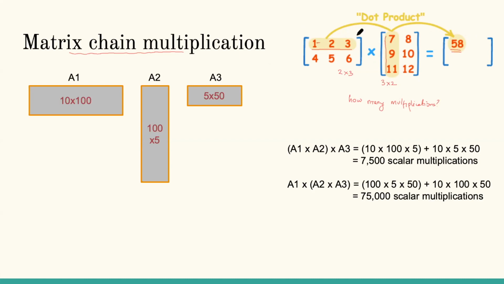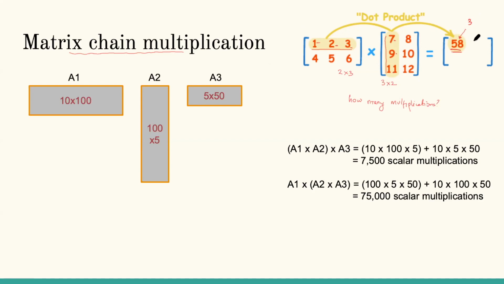So we multiply 1 times 7, 2 times 9, and 3 times 11, right? So we have three multiplications here. That is, three multiplications were able to yield the first result, 58.